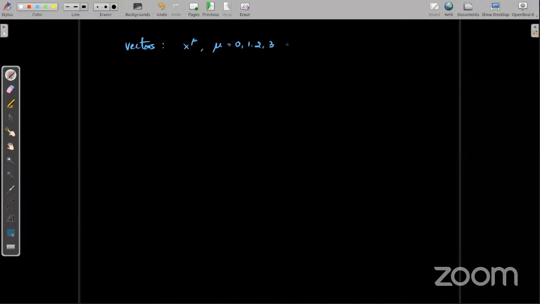These kinds of vectors are in some books called contravariant vectors, and you have another kind where the mu comes downstairs, 0, 1, 2, 3.